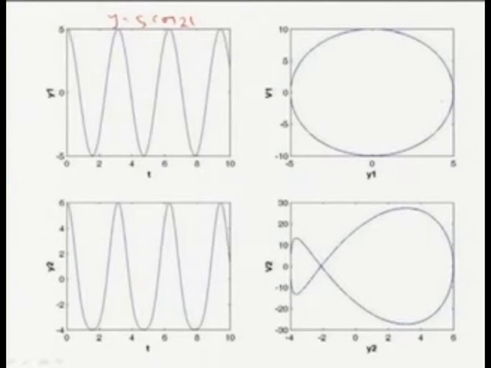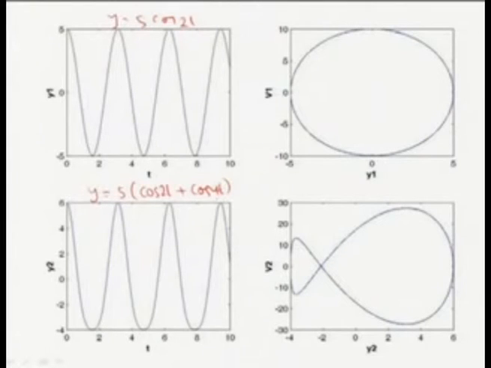Now, by taking two frequencies, that is, if y equal to 5 cos 2t plus cos 4t, then y dot will be equal to 5 into minus 2 sin 2t, and minus 4 sin 4t.